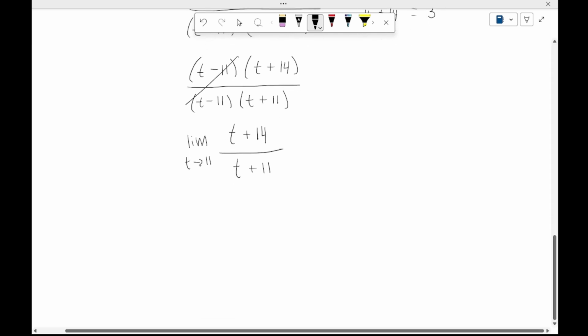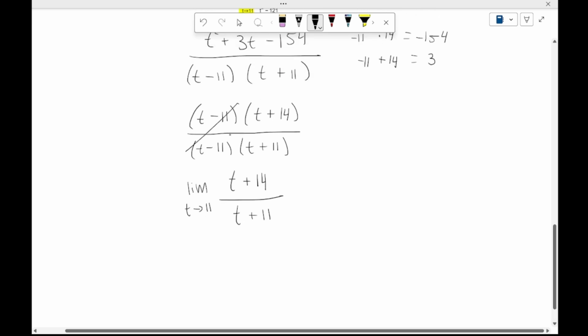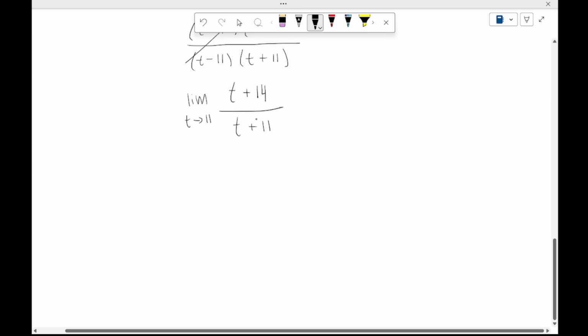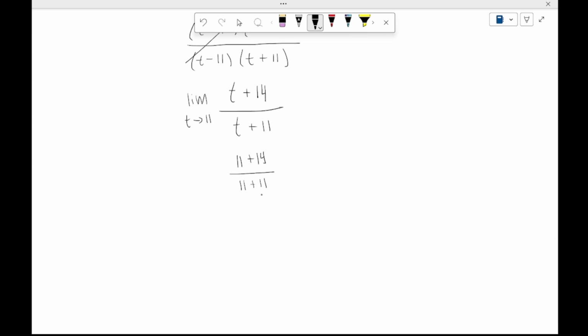So at this point, we can plug in 11. It's simplified, and we can plug in 11 now, and it will equal something. So we have 11 plus 14 on top of 11 plus 11. 11 plus 14 is equal to 25, and 11 plus 11 is equal to 22, my apologies.